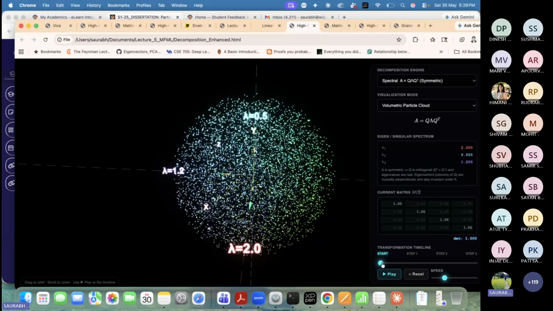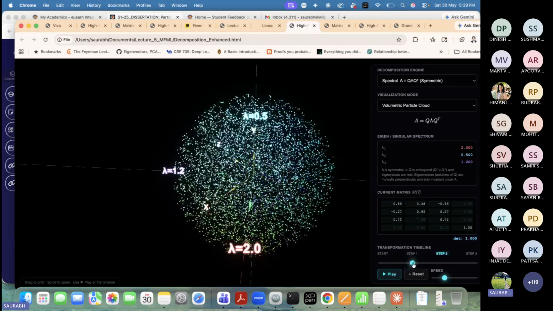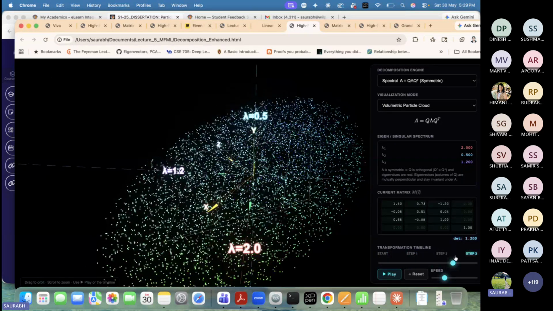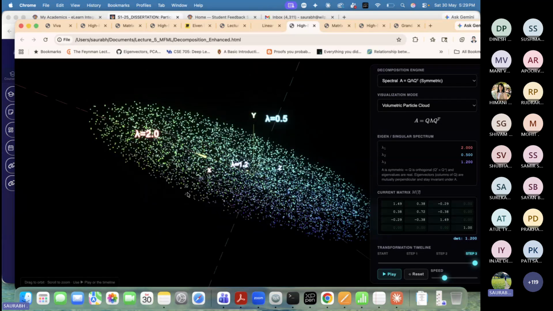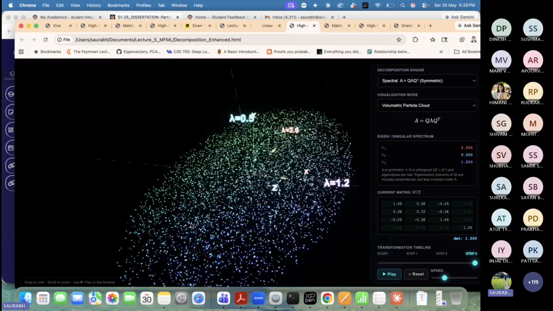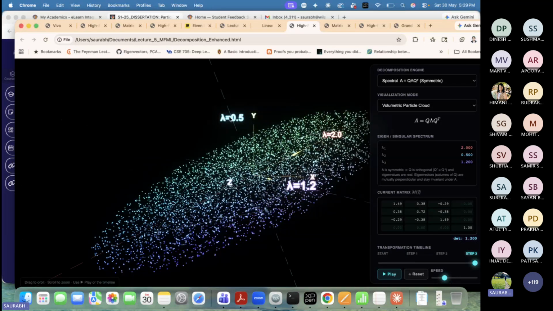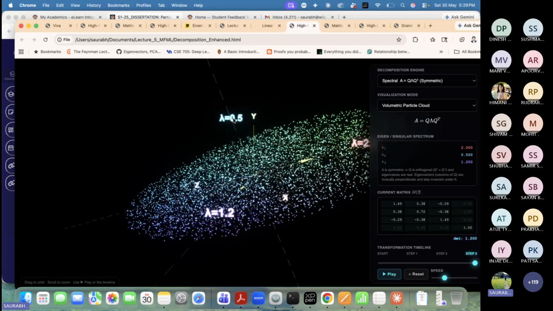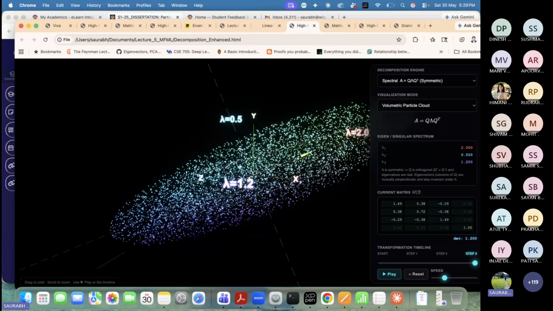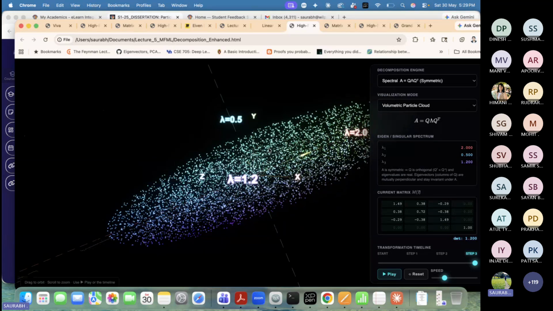So it starts with rotation, scales, and then rotates again. Because of that, in one direction there is more variance, and in the direction where the lambda value is less, the variance is very less. You see it has almost got compressed like a burger, right? Now think of your burger becoming a chip if lambda were 0, right? And that's when the dimension reduces. This is what we'll learn tomorrow.